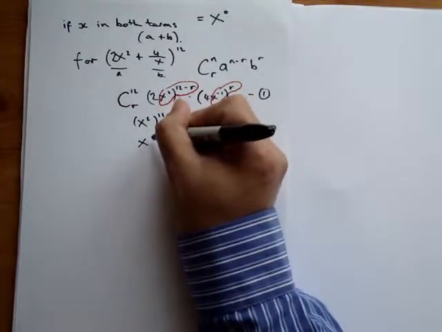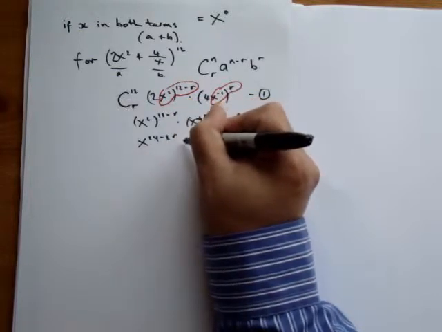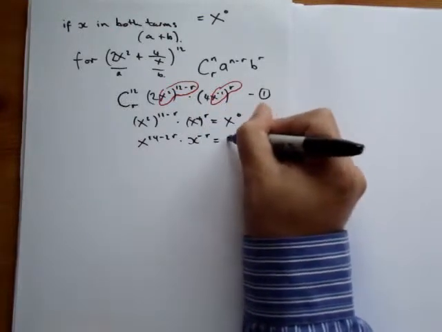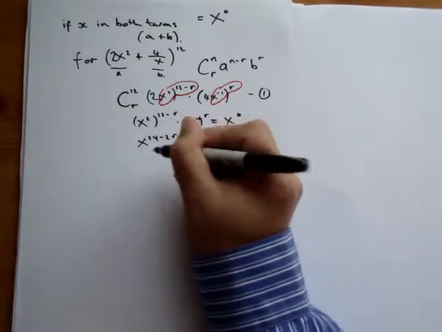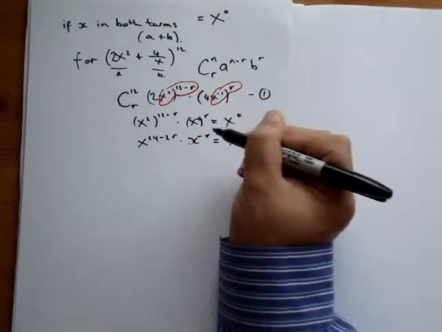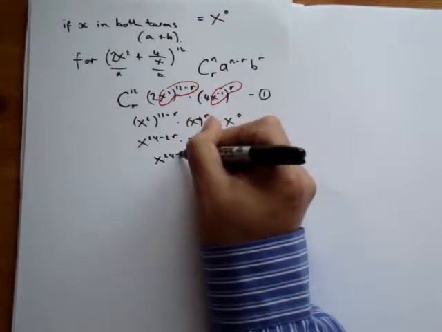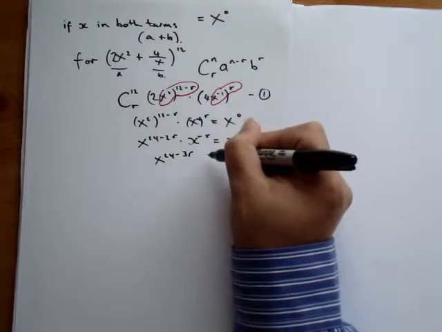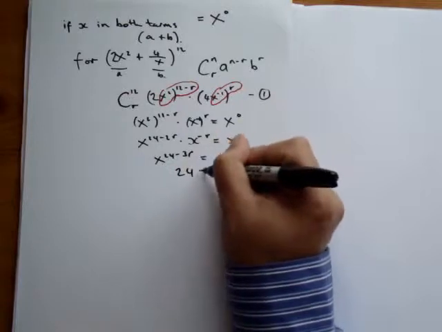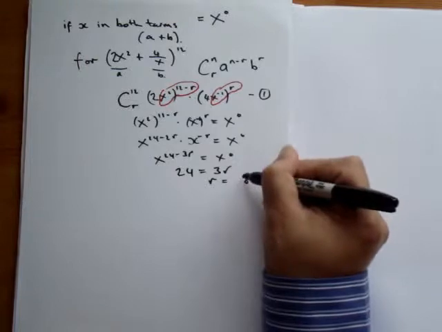So we have x to the 24 minus 2r multiplied by x to the minus r equals x to the 0. When we combine here, multiply them together using our law of exponents, we get x to the 24 minus 3r equals x to the 0. So 24 equals 3r, and our r equals 8.